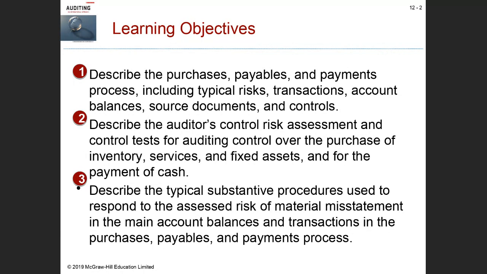The third bullet point says describe the substantive procedures used to respond to the assessed risks of material misstatement in the main account balances and transactions. So as a result of our assessment of risk associated with internal control, we're going to plan our substantive procedures.